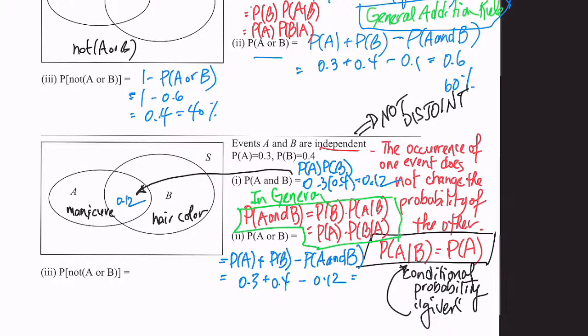So that's 56. And finally, what's the chance of other services? What's the chance of being out here?